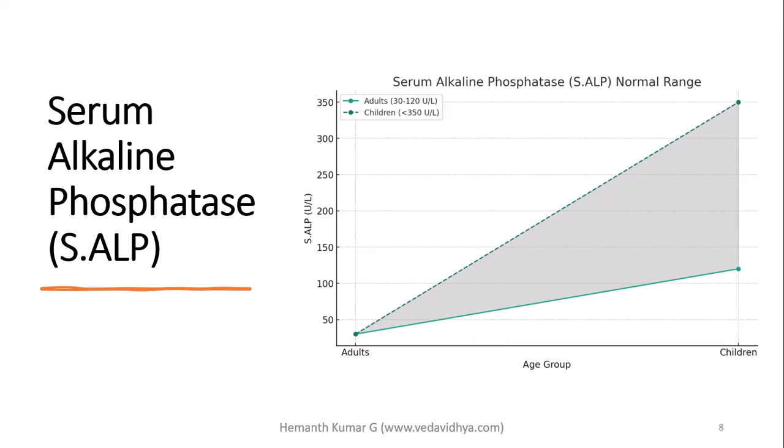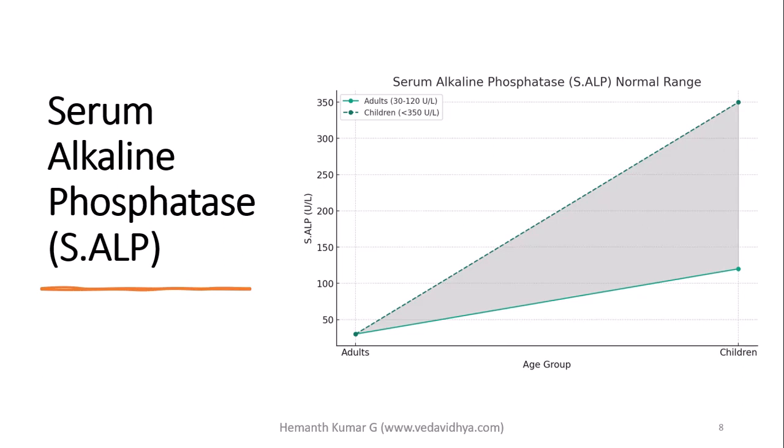SALP is an enzyme found in several tissues throughout the body, with the highest concentrations in the liver, bones, kidneys, and the digestive system. In the context of liver function tests, the measurement of SALP is crucial because elevated levels of this enzyme can be a sign of liver damage or disease.